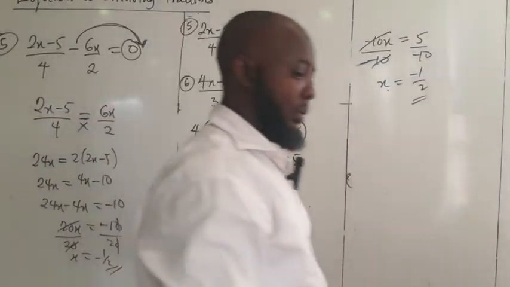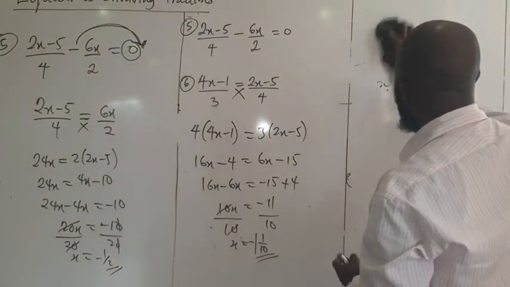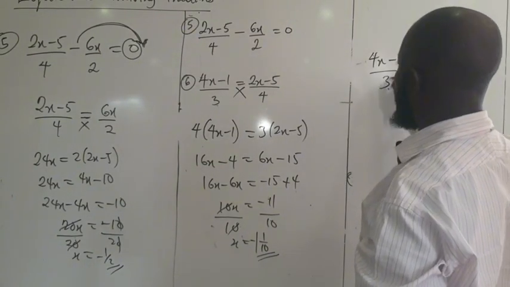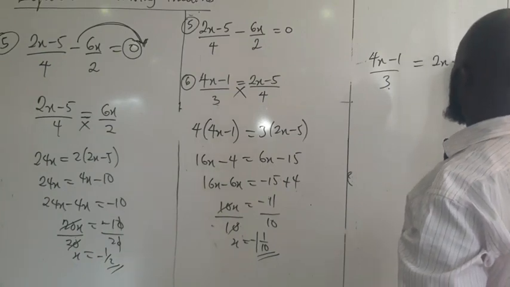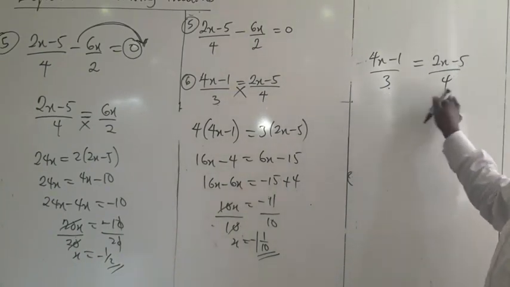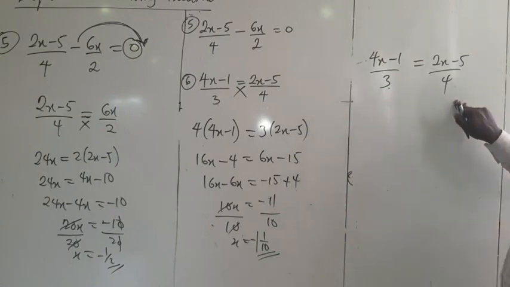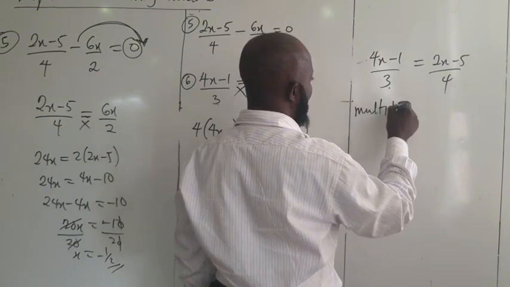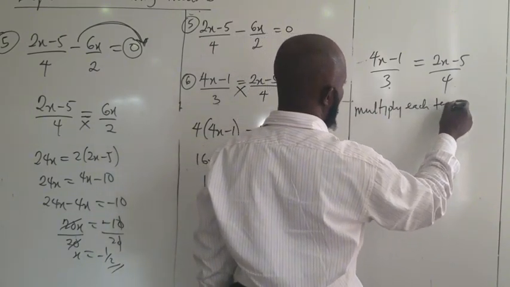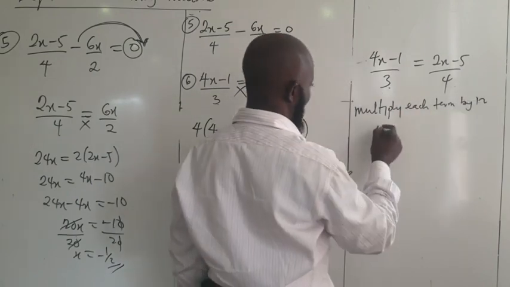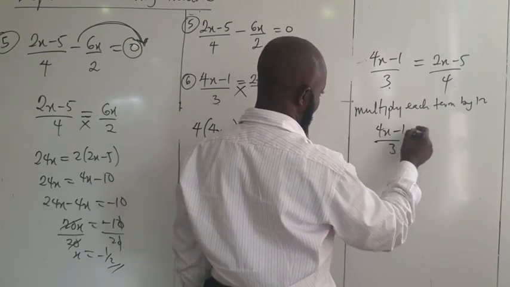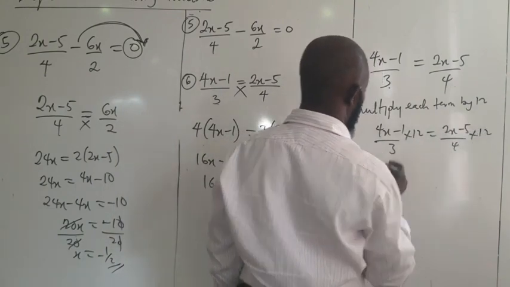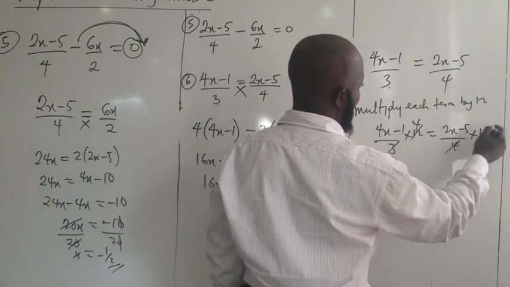Then if you want to adopt another method, very simple, to confirm your answer, you have 4x minus 1 divided by 3 equals 2x minus 5 divided by 4. So what is the LCM of these denominators? It is 12. So we multiply each term by 12. That means we have 4x minus 1 over 3 times 12 equals 2x minus 5 over 4 times 12. 3 here 1, 3 here 4. 4 here 1, 4 here 3.